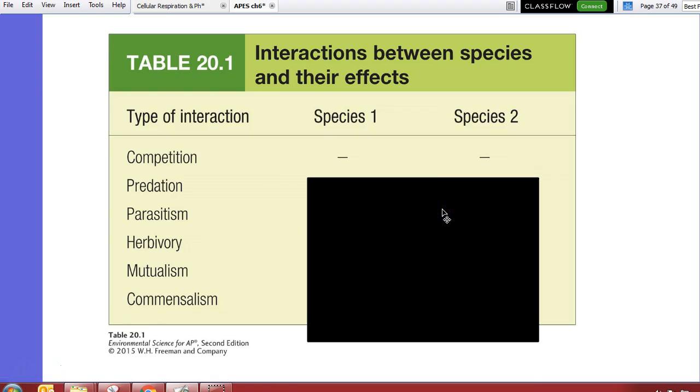So check your answers. Competition is minus minus. Sometimes people think, oh, well, it's plus and minus because one species gets the food. But what if they're getting habitat?